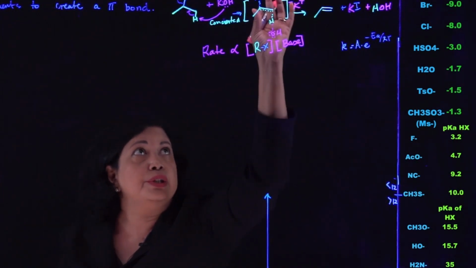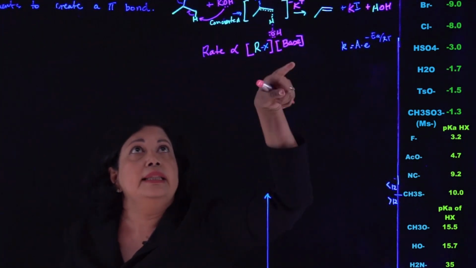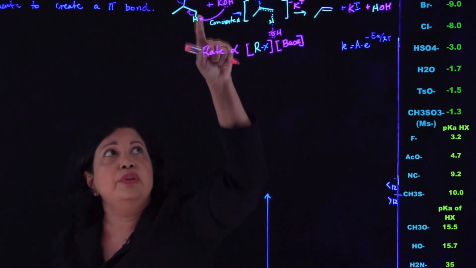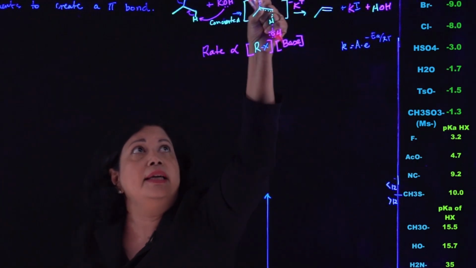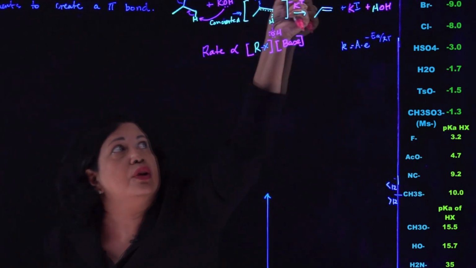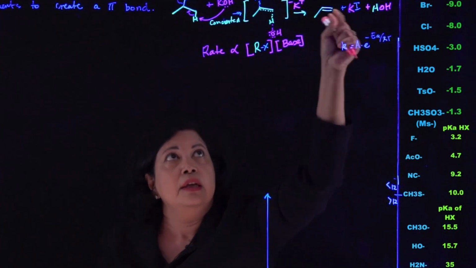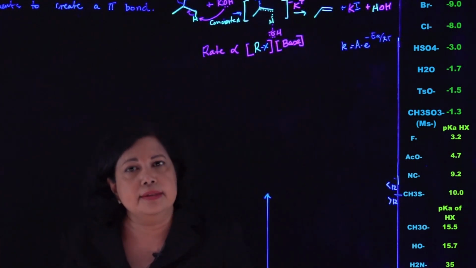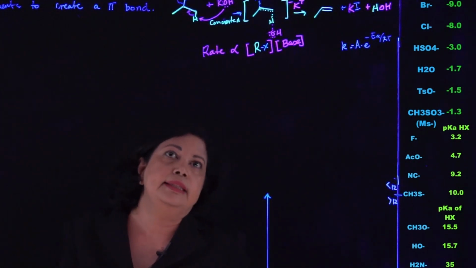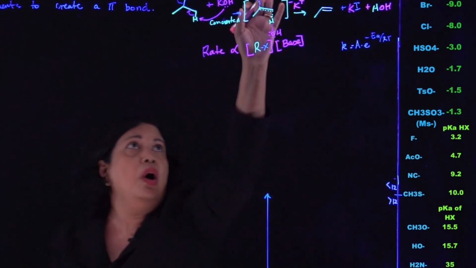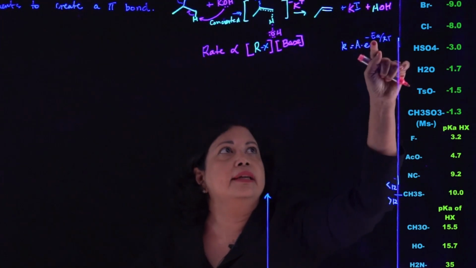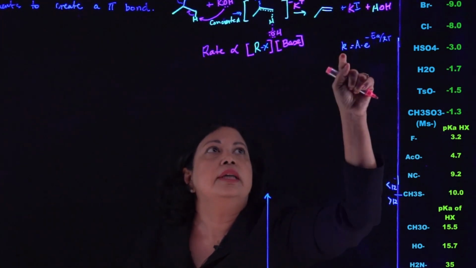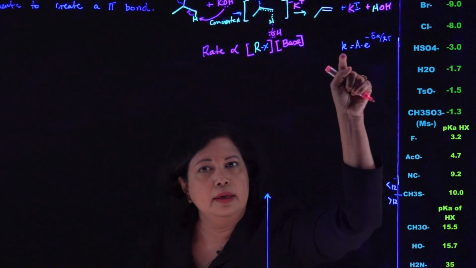Now, if you look at this, this is electron deficient in the transition state because iodine is literally pulling off those electrons and running away with them. So whoever can donate electron density to that transition state, they will stabilize that. So this is all about bringing down the activation energy so that your rate is going to be high.